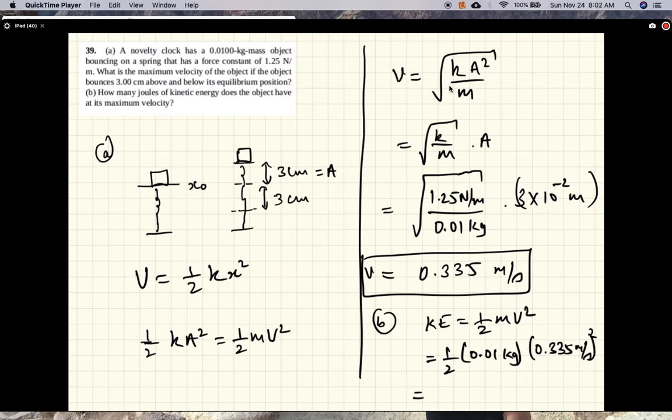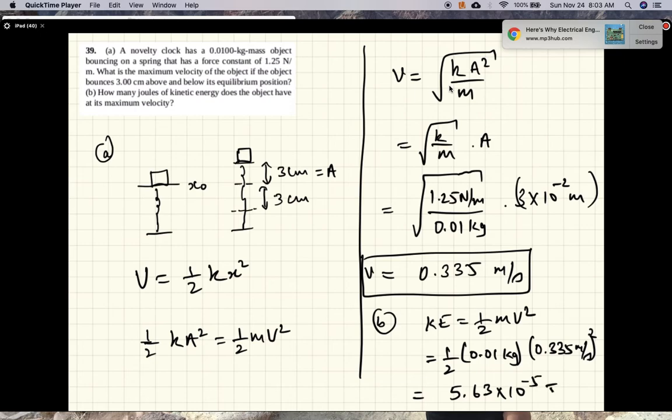And this works out to 5.63 into 10 to the minus 5 joules.